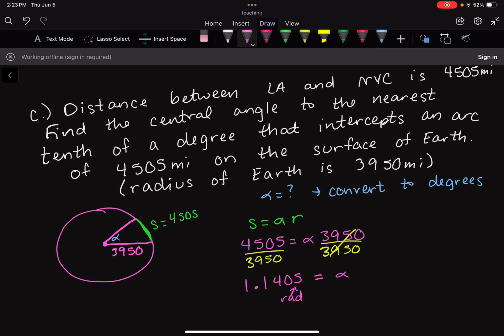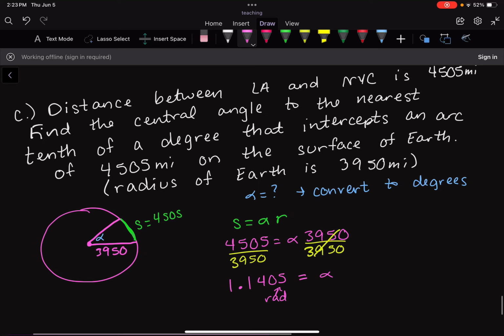So to convert this to degrees, I'm going to use my conversion factor. So I have 1.1405. If I want degrees, I'm going to multiply by 180 degrees over pi, and that's in radians. So the radians will go away now. And I'm going to have to use a calculator for this. I mean, there's no way I can do this by hand.